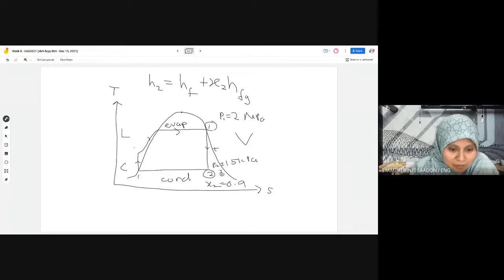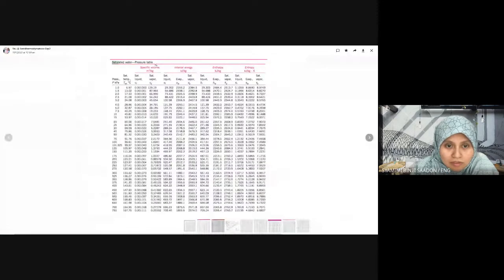The table that we have here, which table is it? A4 or A5, I don't remember. The one that I've given earlier, previously.